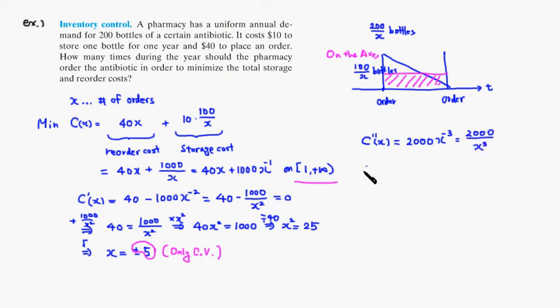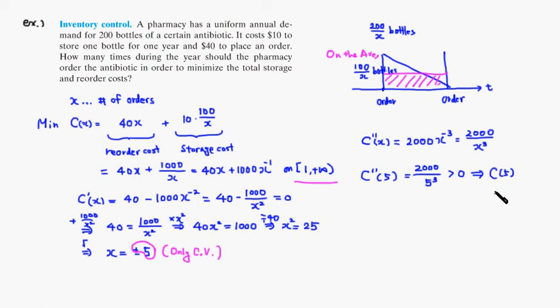So let's plug in x equals 5. The second derivative evaluated at 5 is 2000 over 5 cubed. All we want to know is if it's positive or negative, and in this case it is definitely positive. By the second derivative test, this is concave up, so we're looking at a minimum.